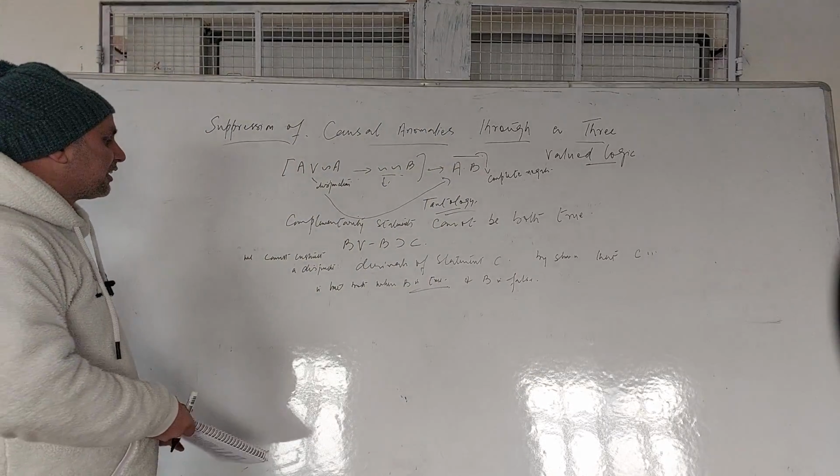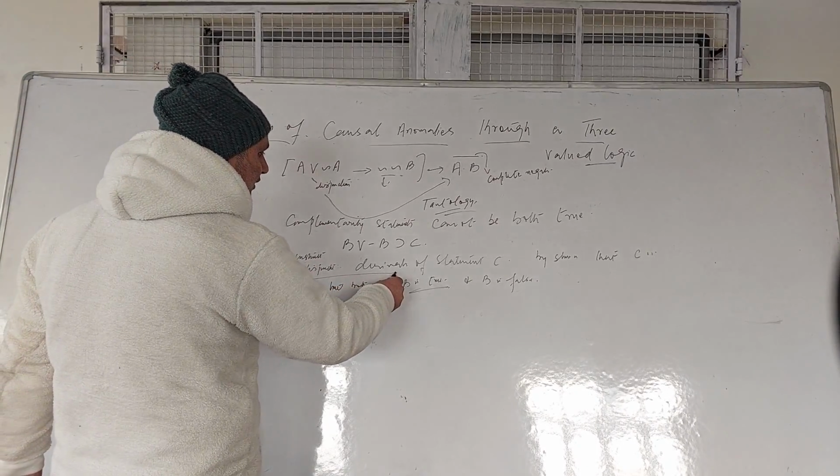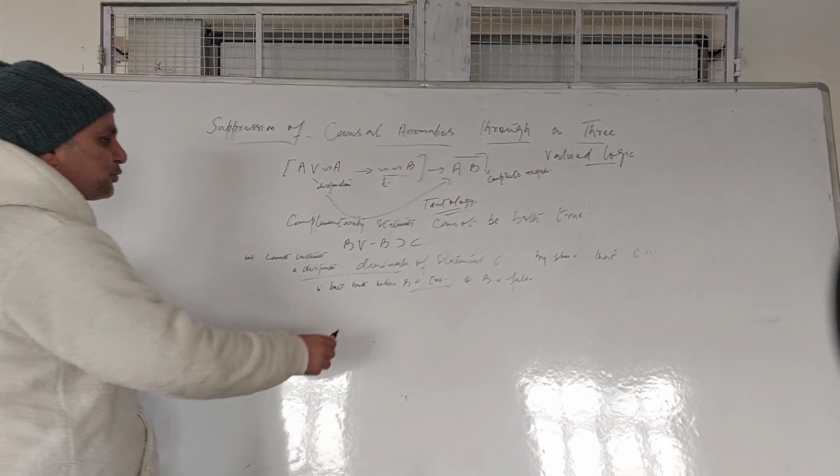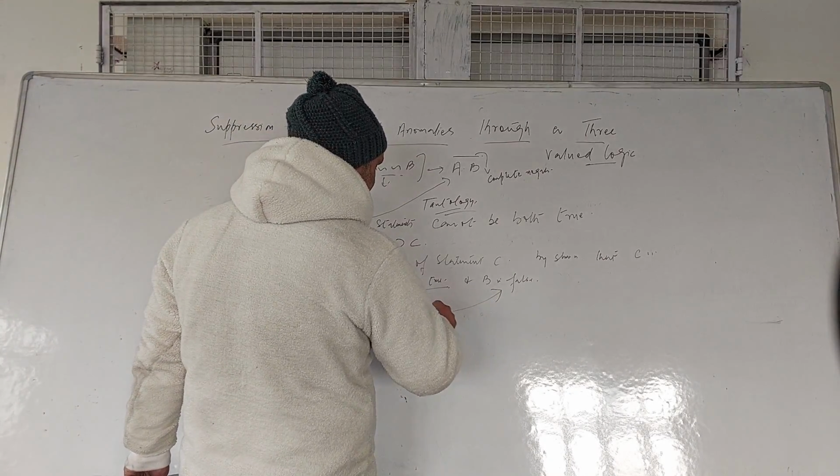So we cannot construct a disjunctive derivation of a statement C to show that C is true when both B is true and B is false.